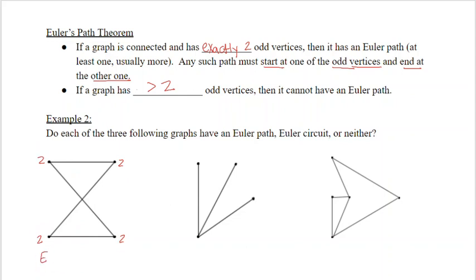So this will have an Euler circuit because we have all even vertices. Okay, in the second graph, we have 1, 1, 1, 3 as our degrees. So this will have neither, because it has 4 odd vertices.